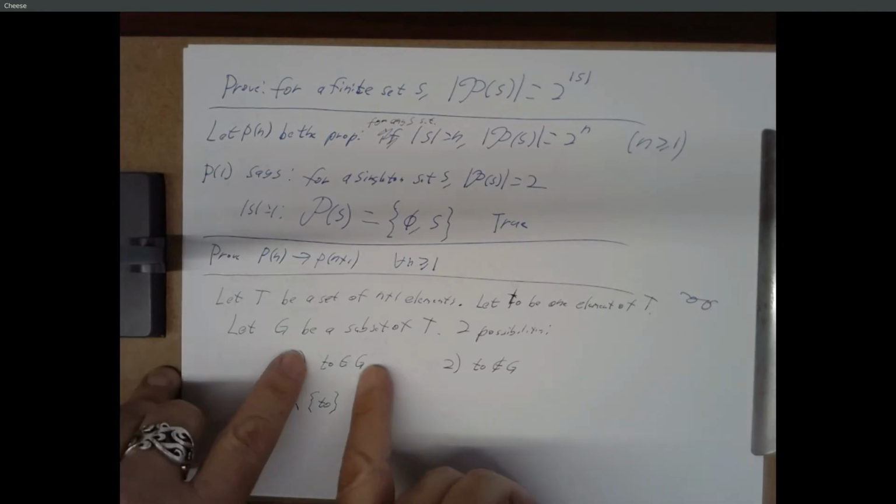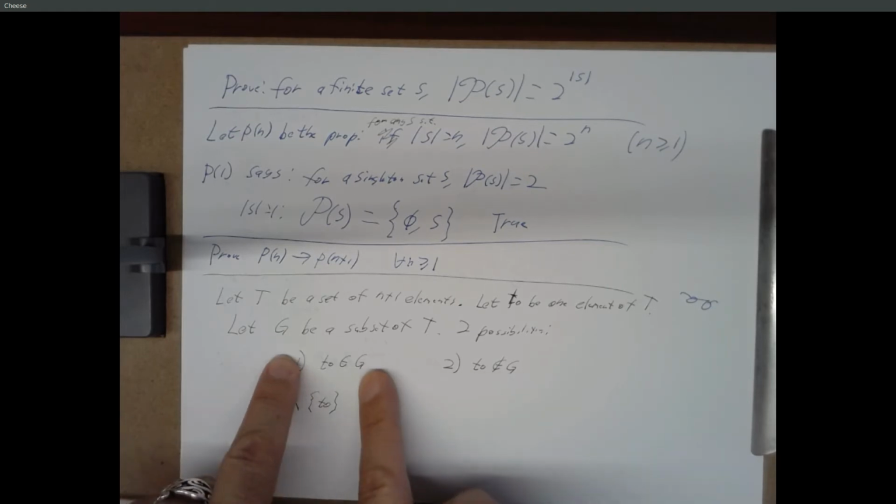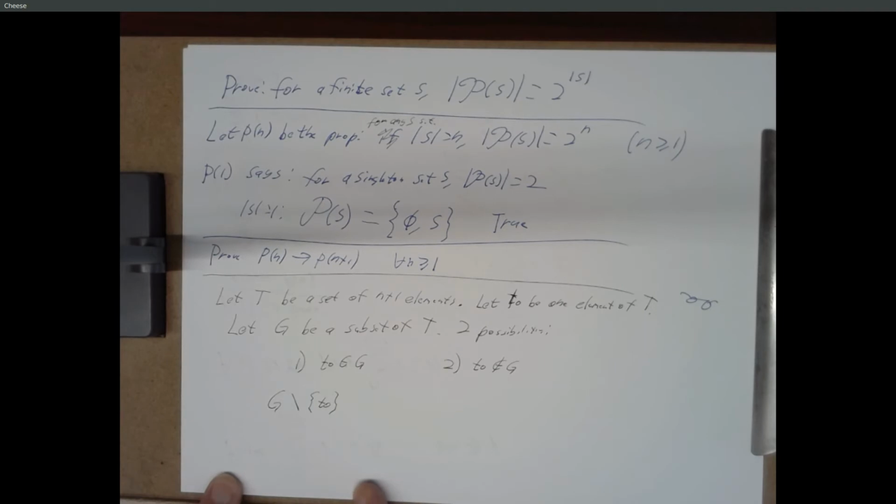Right, so every subset here corresponds to a subset in this case. And any subset over here does not contain T0. If we add T0, we get a subset of T that contains T0. So however many subsets we have over here, we have exactly the same number of subsets in case 2.